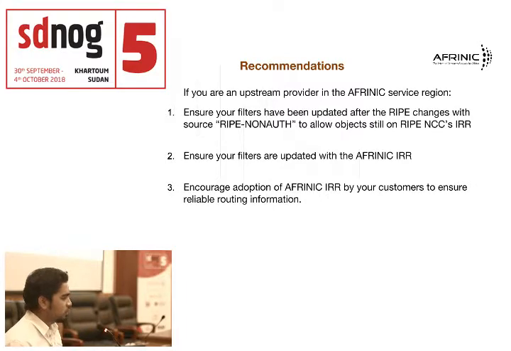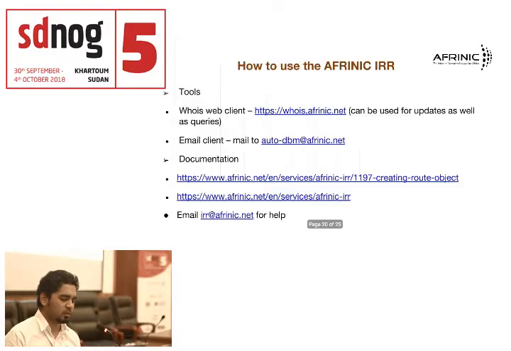Ensure that your filters are also using the AFRINIC IRR, or are at least querying it for any filter updates. You can also encourage your customers to use the routing registry to make their announcements, and their customers in turn to use it, making the announcements more reliable.